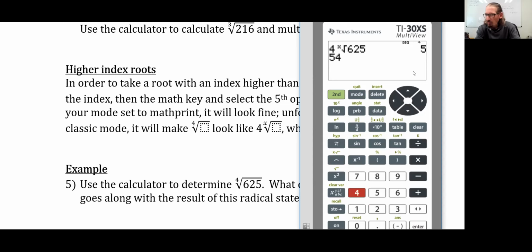Well, 5 to the 4th power is 625. I know what 5 squared is, 25. I also know that 25 squared is 625. So that should give you an idea, roughly speaking, of how I knew that the 4th root of 625 would be 5. And by the way, we were talking about the principal 4th root there.